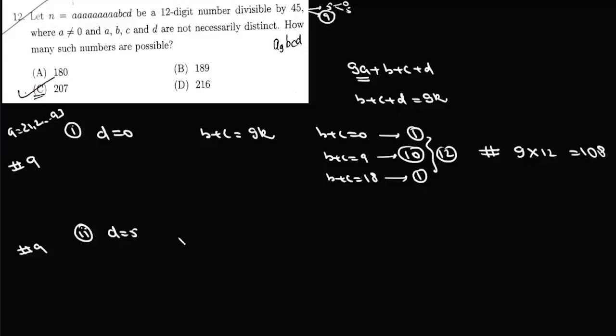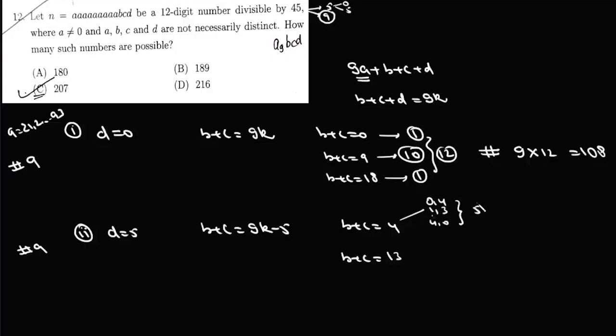Now for the second one, when D is 5, we can write B plus C as 9k minus 5. Now if we put k as 1, we'll get our first equation, B plus C equals 4. And if we take k as 2, 18 minus 5, it'll be 13. Now in this first one, we'll have 0, 4, 1, 3 up to 4, 0.